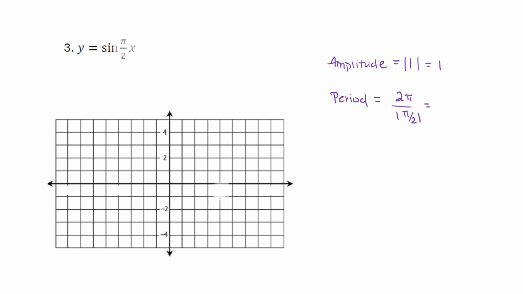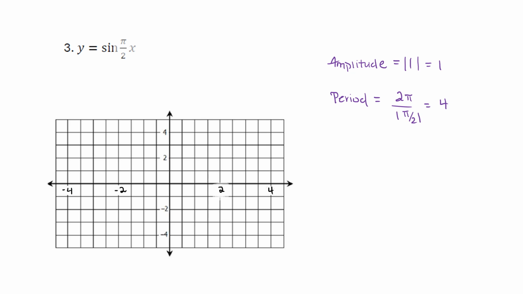So when we divide this, we will get 4. Okay, so we know that one complete cycle for the sine graph is going to take place within 4 units. My y-axis here goes by 2, so I'm going to set my x-axis to also go by 2. So make this 2, this 4, make this -2, and make this -4.